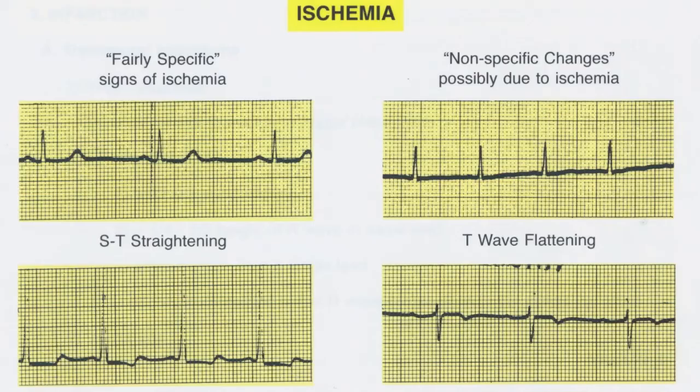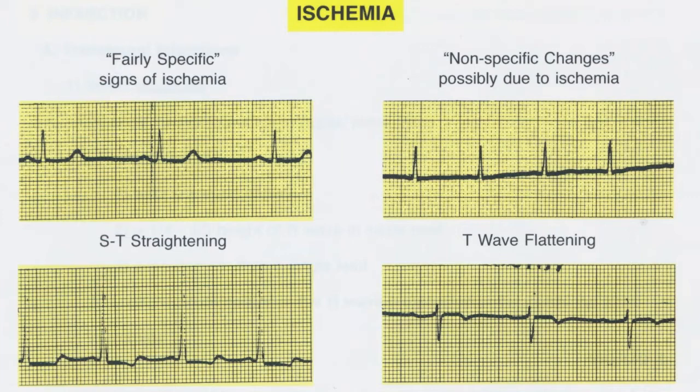On page 11, there are EKG examples that are pretty good, but we have some better ones in the course pack that we'll be looking at. So to clarify, ischemia is where the heart lacks oxygen, and this is where you focus on the ST segment, and that's a specific sign of ischemia. ST segment depression especially is a sign of ischemia.